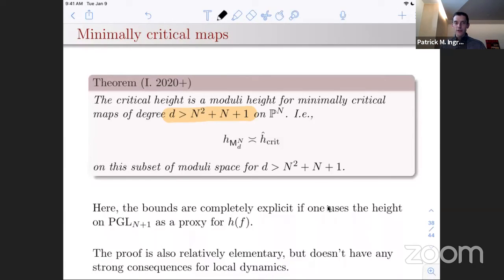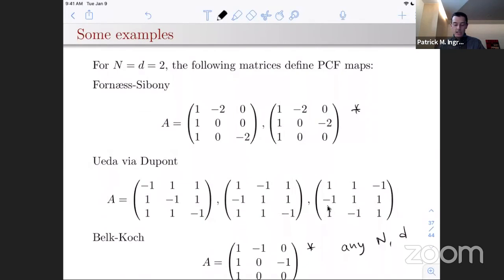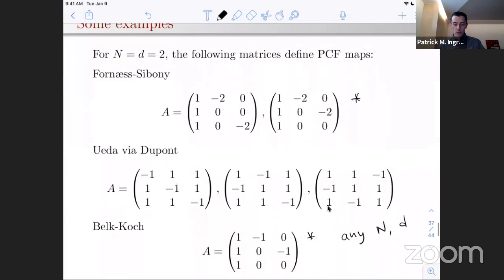The conclusion you can draw is that there just are no one parameter families of Lattès maps that have this special form. If you go back to the previous slide, what Dupont is showing in this paper is that he hauls out these 3 examples of Weta and shows that they are all Lattès examples.